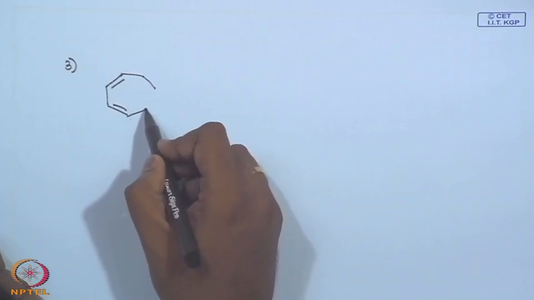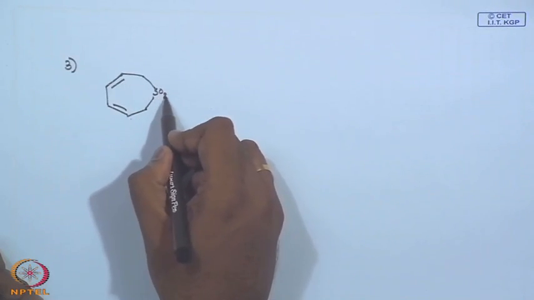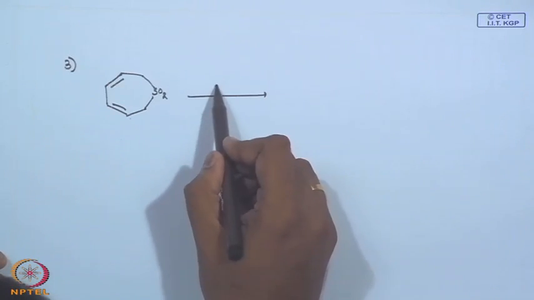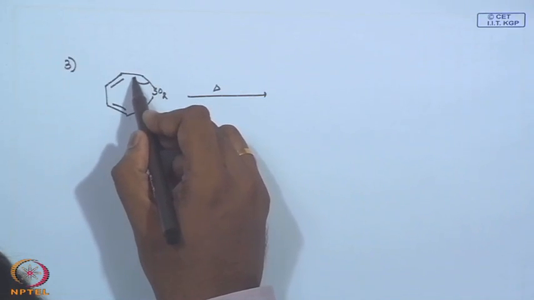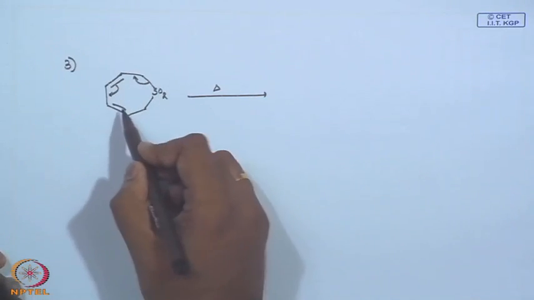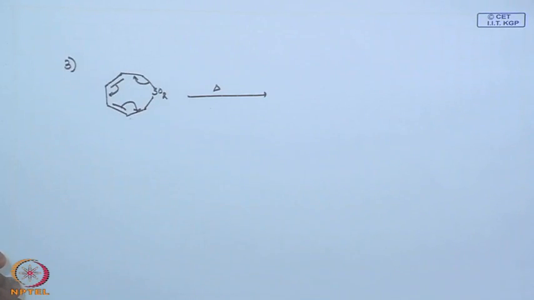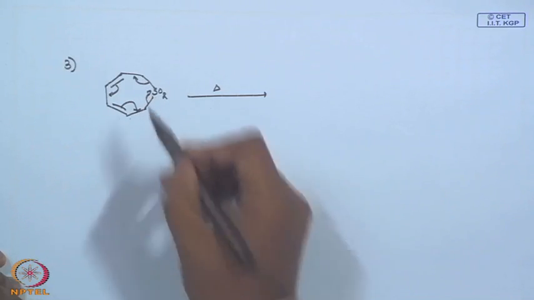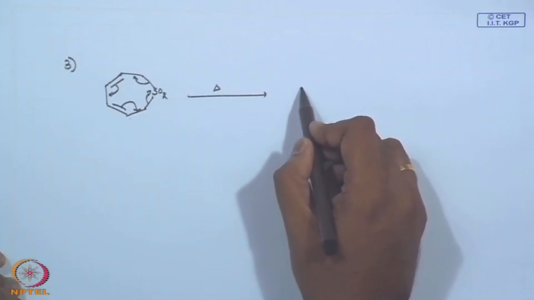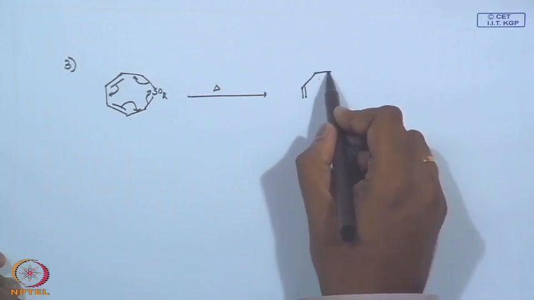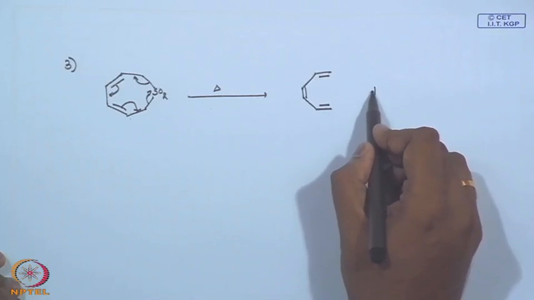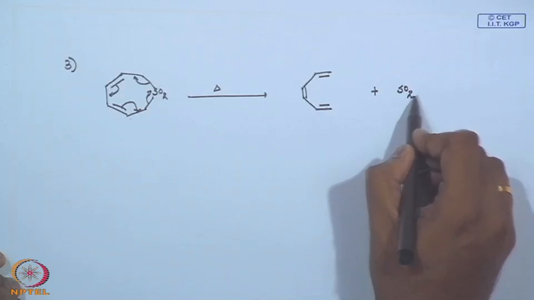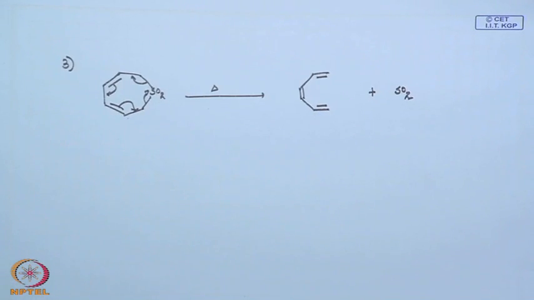Now we have a system like this, and on heating you can see nice extrusion of sulfur dioxide. You can push your bonds here, giving a nice triene plus extrusion of sulfur dioxide.